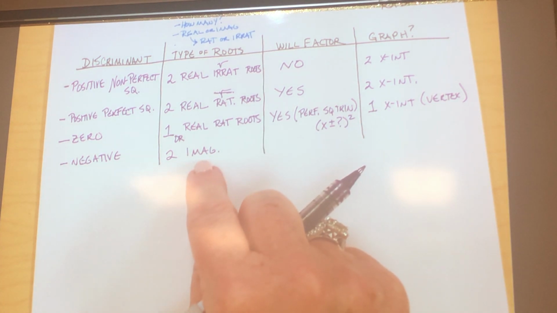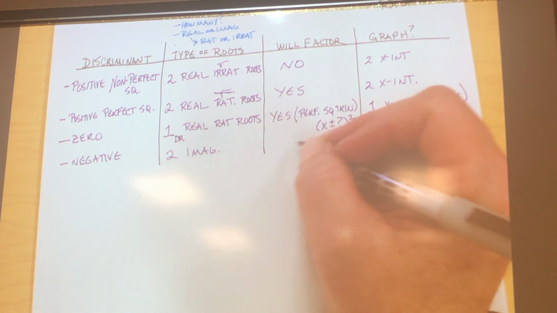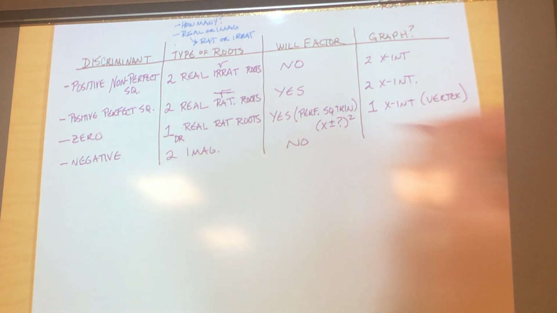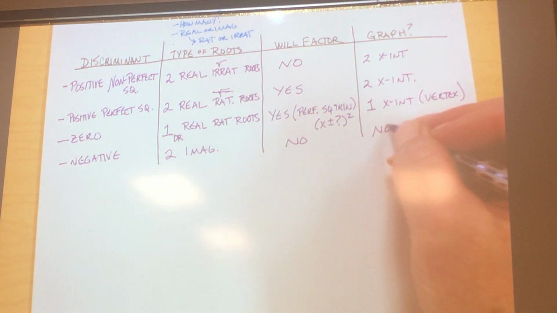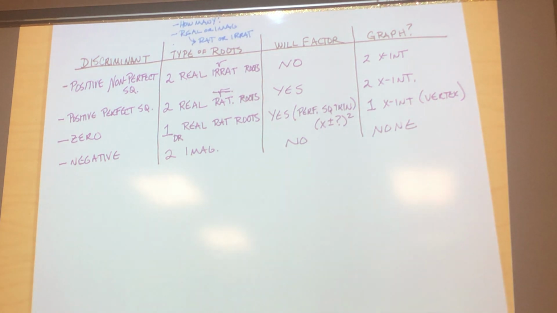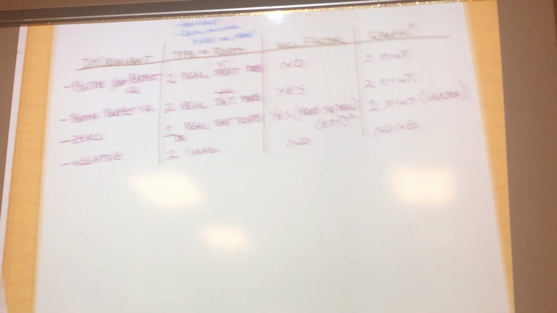Do you get imaginary solutions for factoring? No, we don't. Not yet. Maybe pre-cal, but not here. Okay? What about my graph? No x-intercepts. If it's a positive x squared, he opens up, he'll be above the x-axis. If it's a negative x squared and it opens down, he'll be below it. Are you with me?